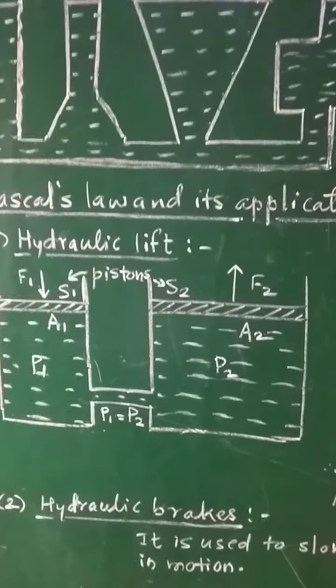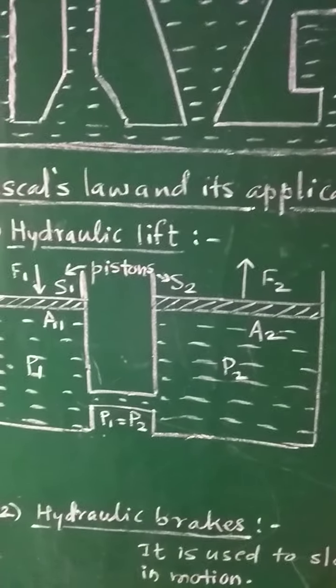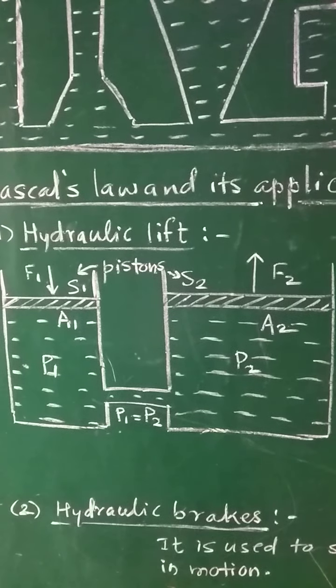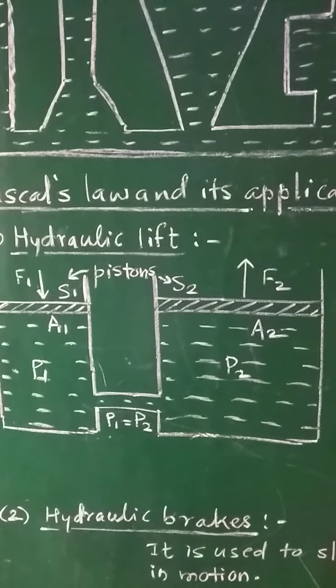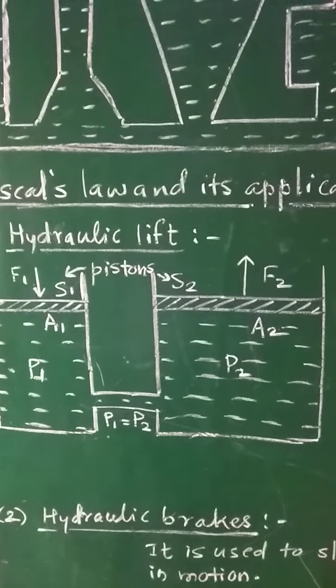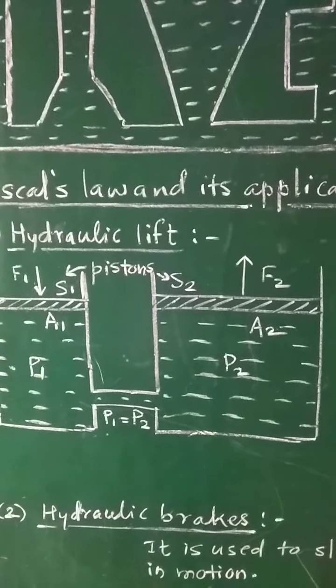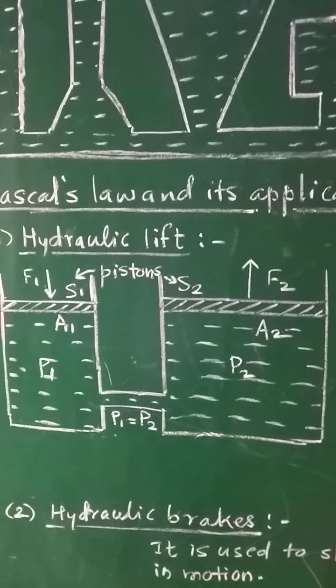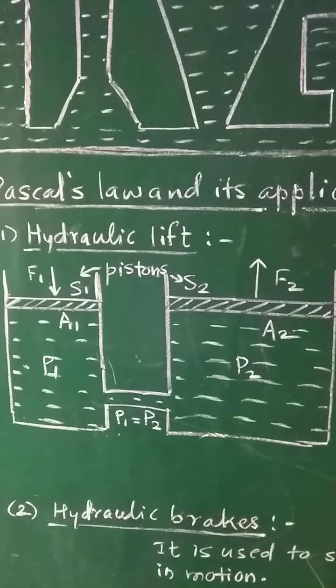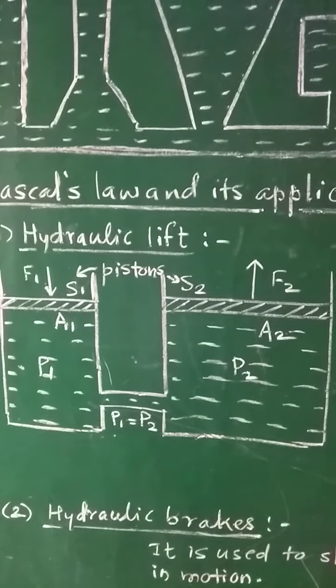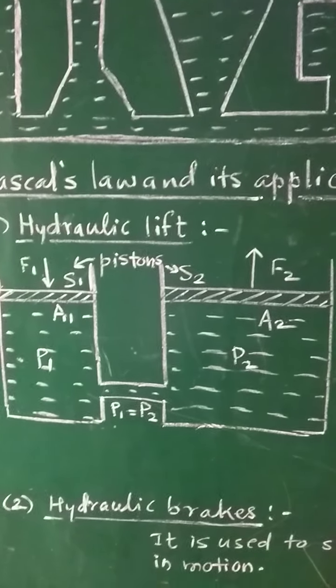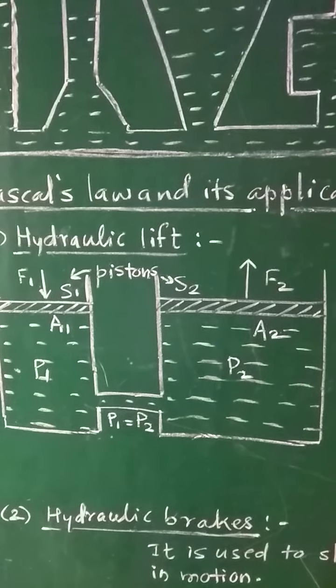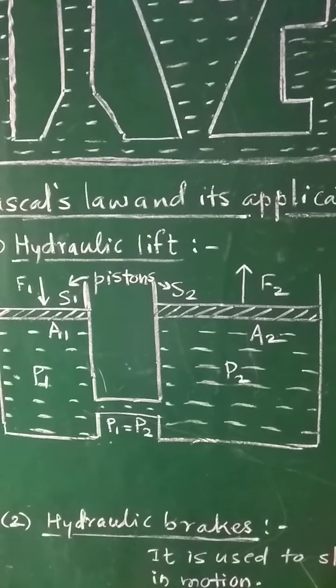In the construction of this hydraulic lift, it contains two vessels. The first vessel is connected to the second vessel, having different areas. Then the first vessel is fitted with piston S1 and the second vessel is fitted with piston S2.